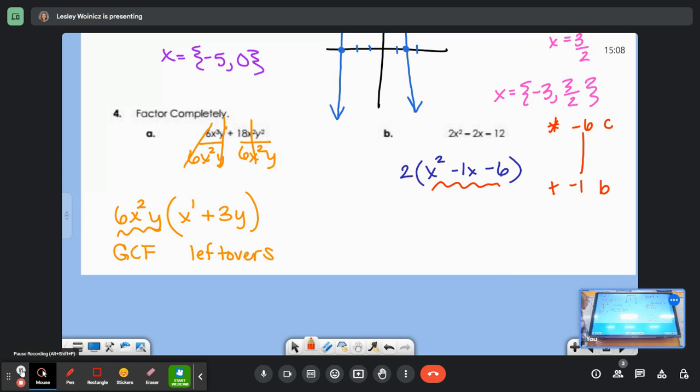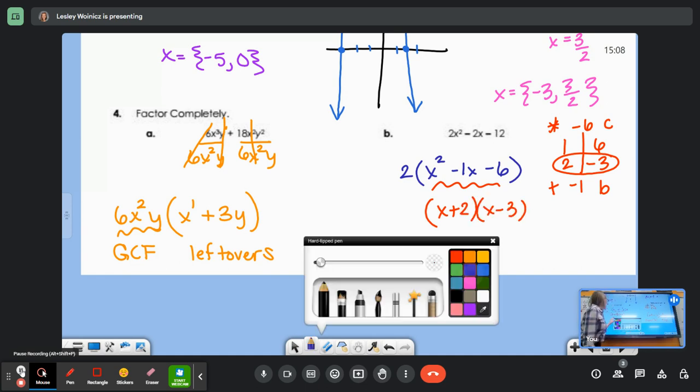What do you think? 1, 6, 2, 3. You do 2 and -3. Good. So that would be x plus 2 times x minus 3.